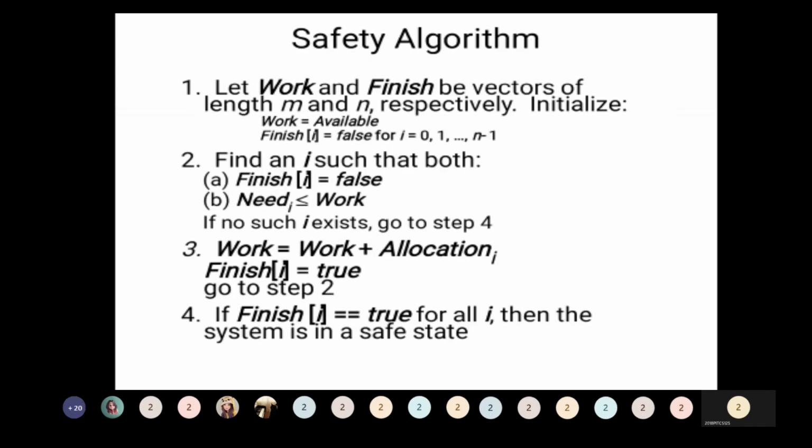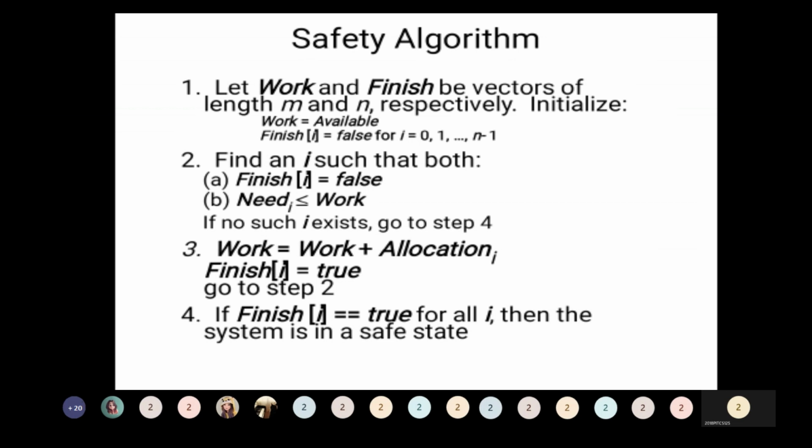Safety algorithm to avoid deadlock. Let work and finish be vectors of length m and n respectively. Take two vectors, work and finish. Assign work equal to available.